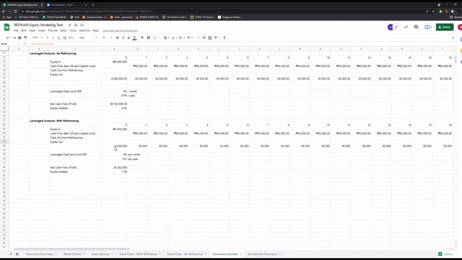Then we added all of those to get the leveraged deal IRR, which is 4% per month or 66% per year. As you can see, we generated less profit than with no refinancing, which is 26.352 million pesos with an equity multiple of 7.59.